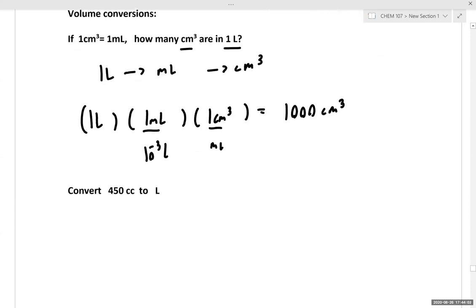So I'd like everyone to take a moment just to make sure they're familiar with these volume conversion factors. And I'd like you to convert 450 cc's, cubic centimeters, into liters, keeping in mind a centimeter cubed is equal to a milliliter, which is equal to a cc.